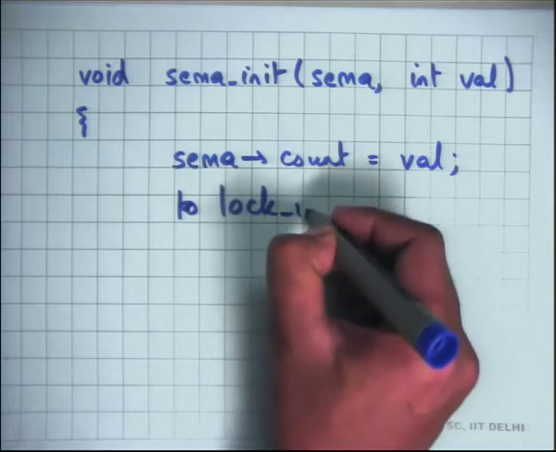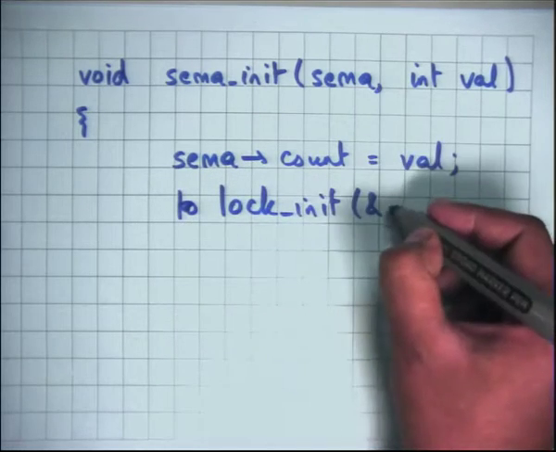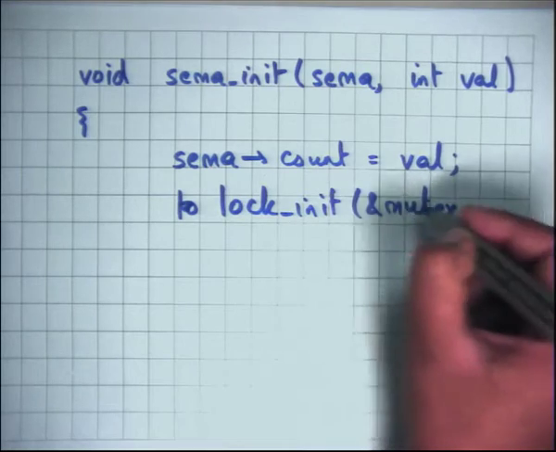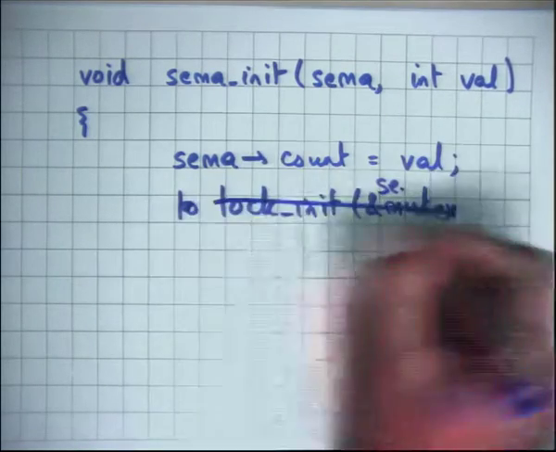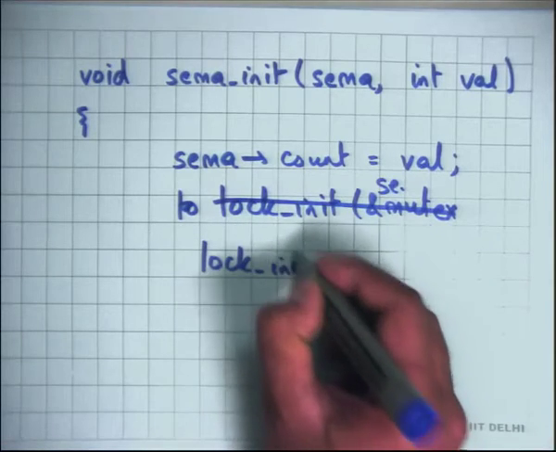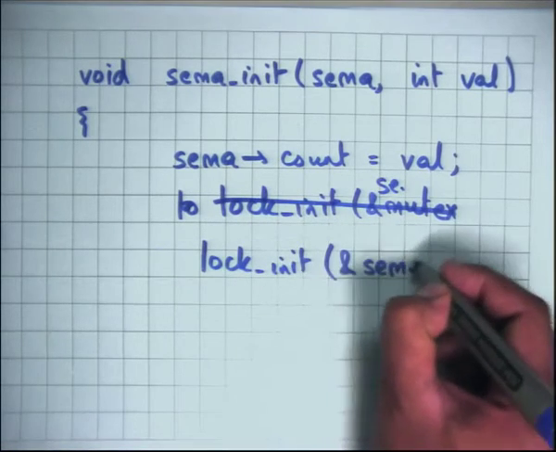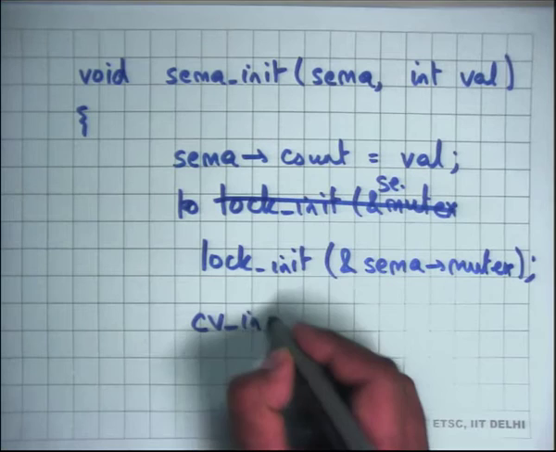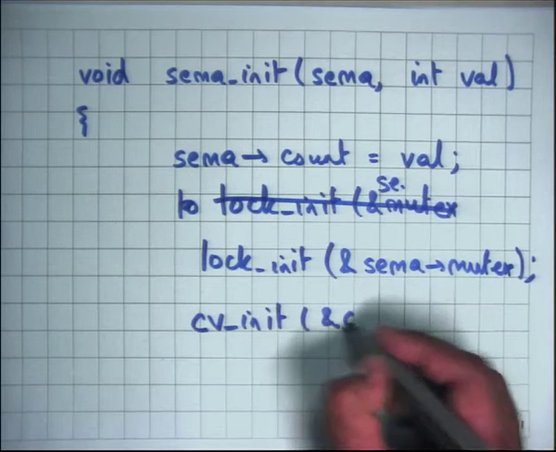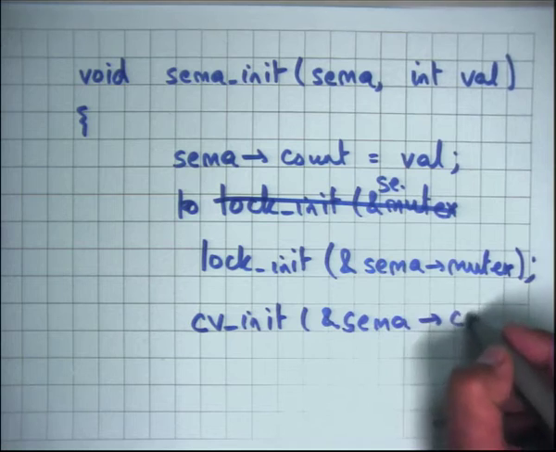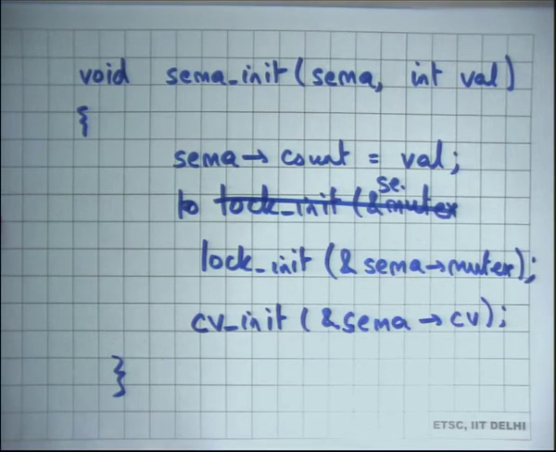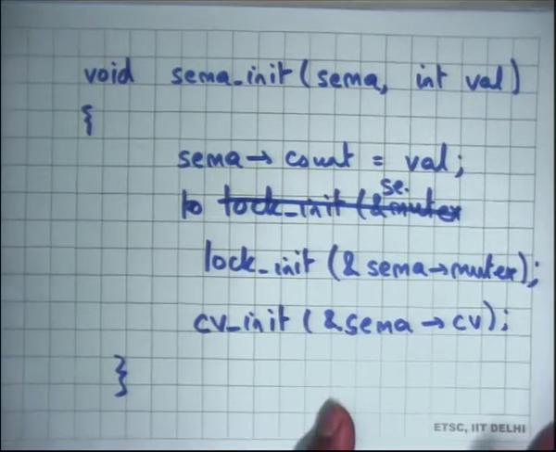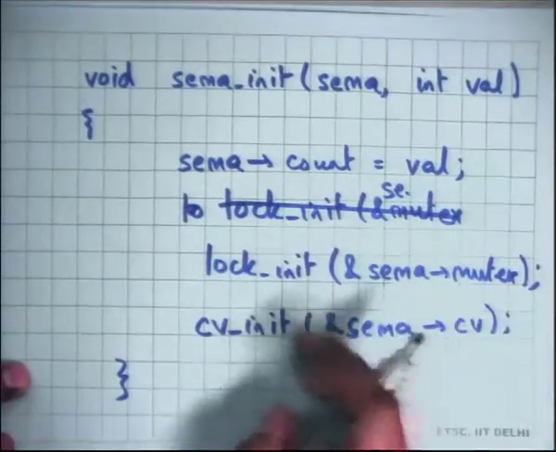Let us say there is a function which initializes the lock to the unlocked state, on sema.mutex. And there is another function called cv init, initializing the corresponding field. So that's the initialization function. It just initializes all these three fields. Nothing great: I initialize the count, and the other two are just initialization functions of the corresponding components.